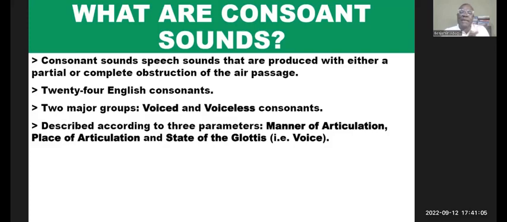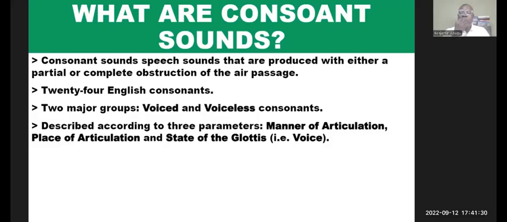So that is the manner of articulation, how the sound is produced. Then the place of articulation has to do with which speech organs we use in producing a particular sound. P and B require the upper and the lower lips, and that is why we call them bilabial plosive.